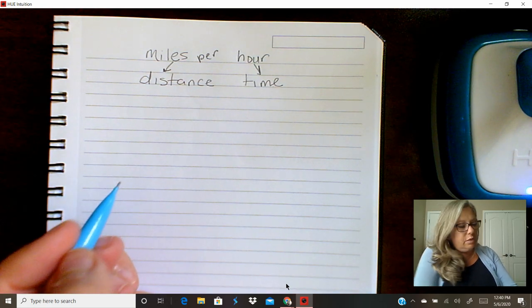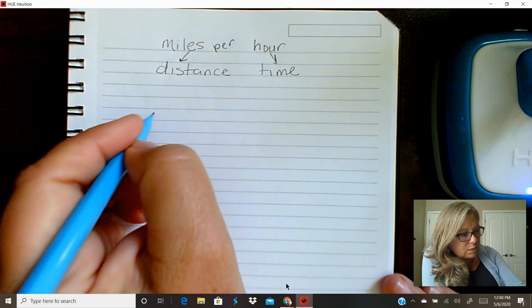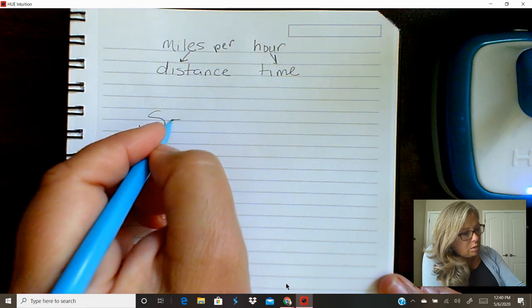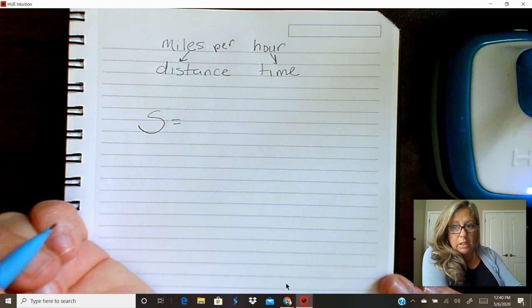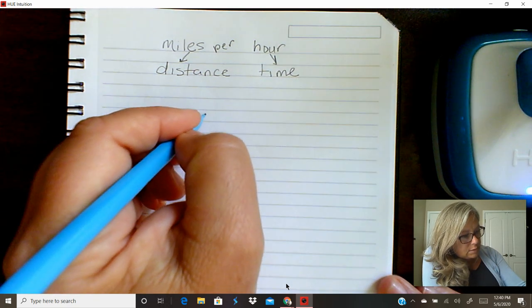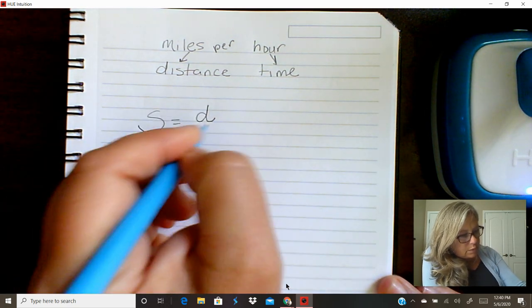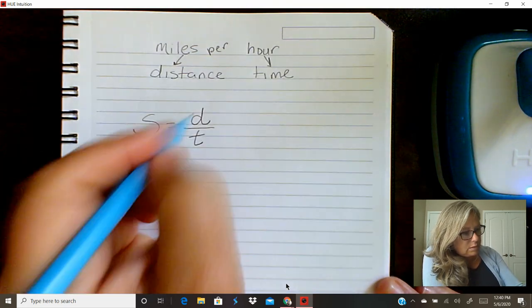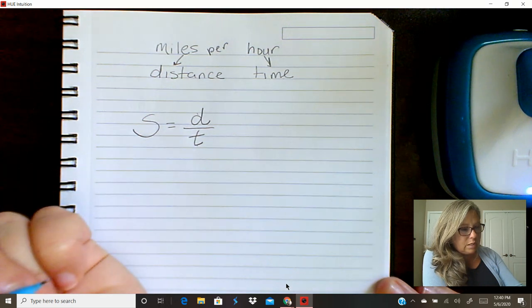All right, so the speed formula looks like this. A real scientist would write it with an S, and then the equal sign: speed equals distance, and usually you write it with a fancy little lowercase d, and then a little fancy lowercase t, distance divided by time.